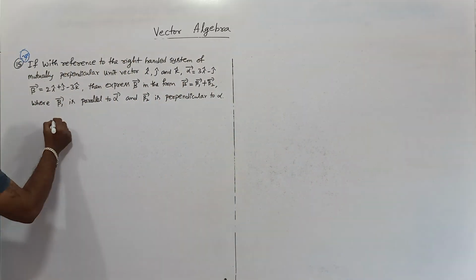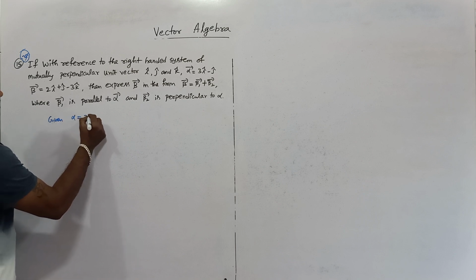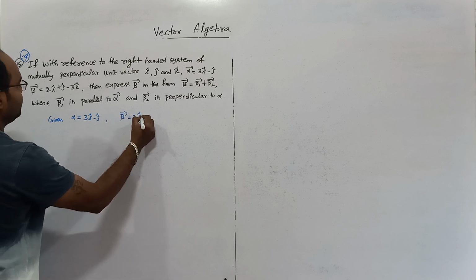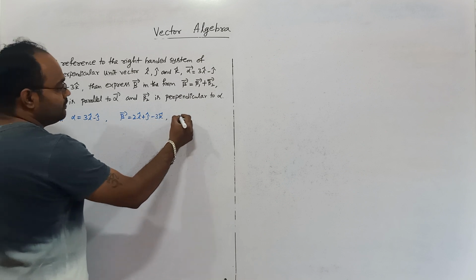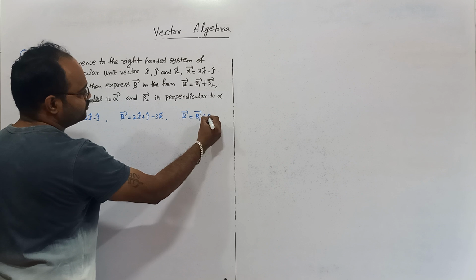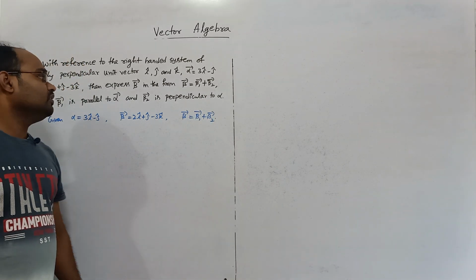So what is given: alpha is 3i minus j, beta is 2i plus j minus 3k, and we have to express vector beta as beta 1 plus beta 2. Okay, we have to express it this way.